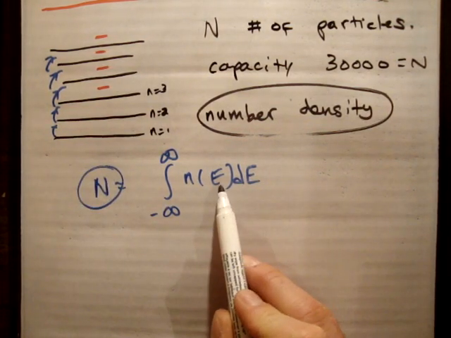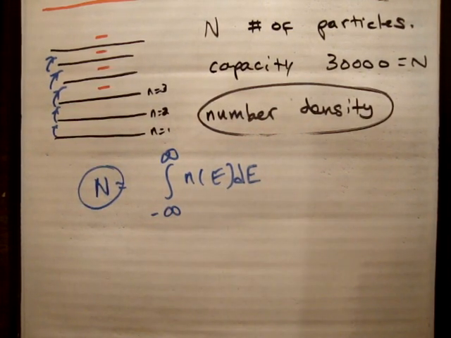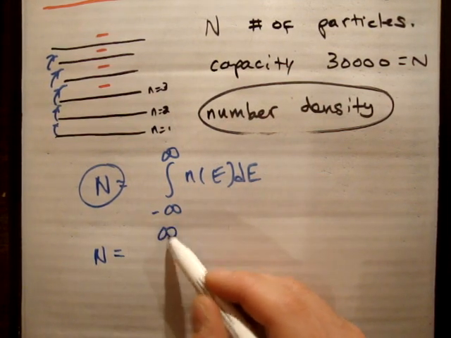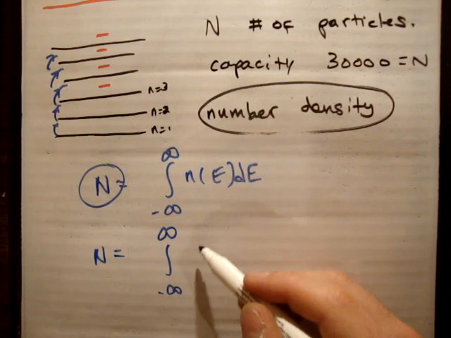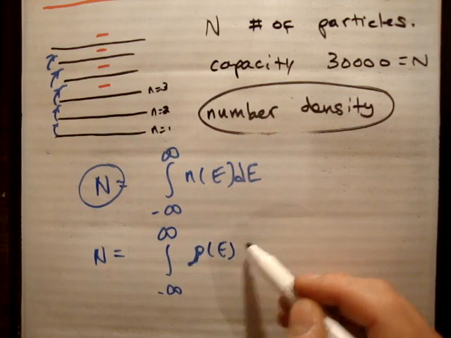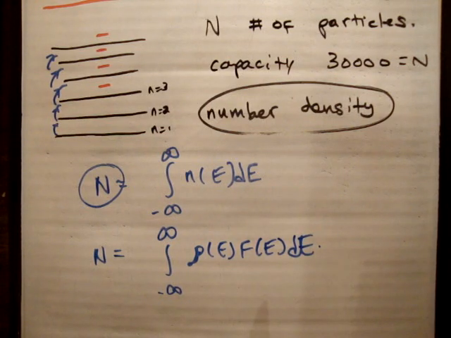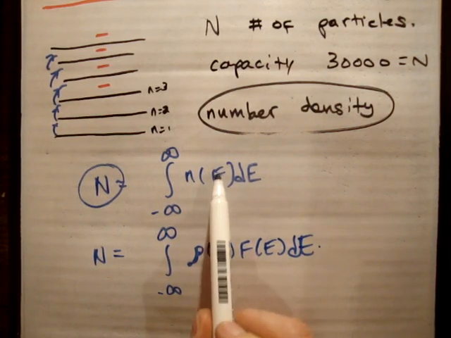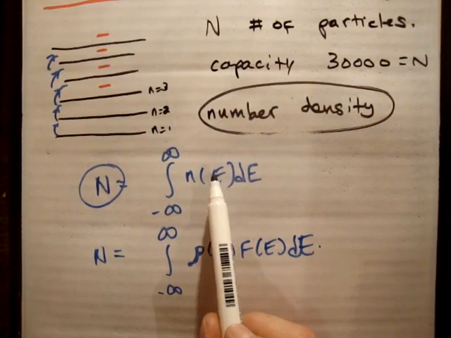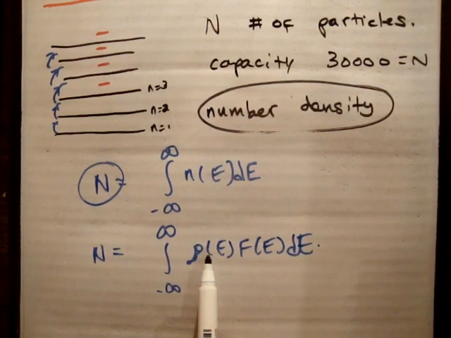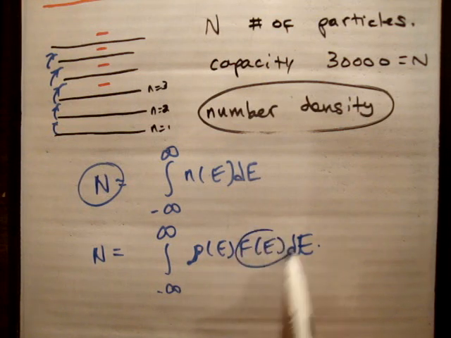Another way of writing that is that the number is the integral from negative to positive infinity of rho of E times f of E dE, because we know that the number density, the amount of particles per unit volume, is equal to the number of states per unit volume multiplied by the probability of the state being occupied, or the occupancy.